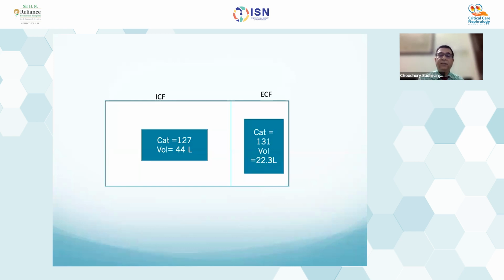Since we know that 3% saline will be distributed predominantly in the extracellular fluid, the volume will increase by 2.3 liters, which will increase the cation, that is the sodium ion, from 127 to 131.